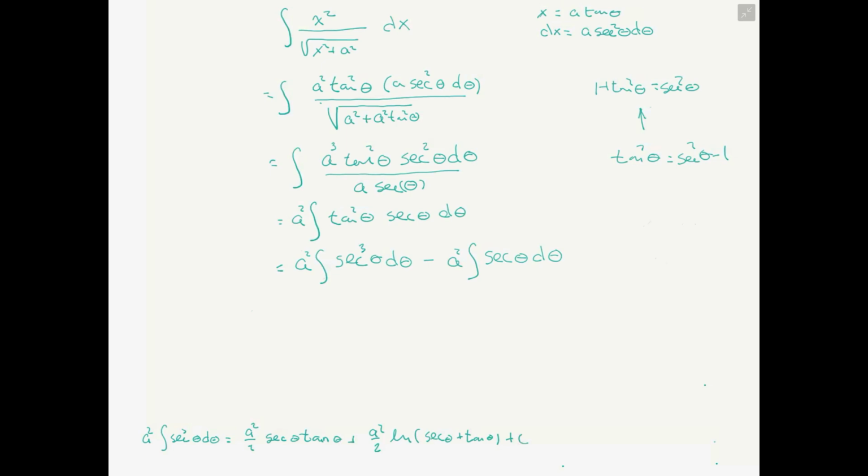So we'll plug that in here. We got a squared over 2 secant theta tangent theta plus a squared over 2 natural log of secant theta plus tangent theta minus a squared secant theta d theta plus c.